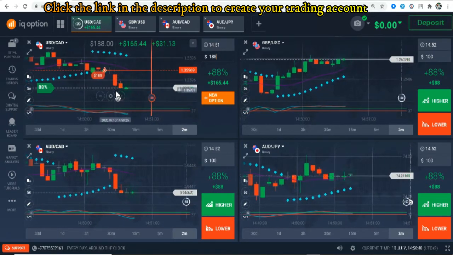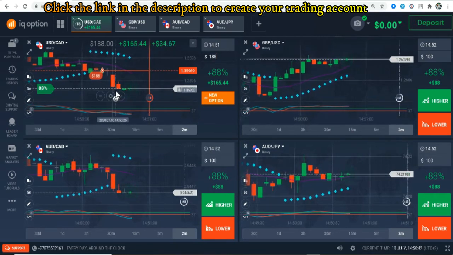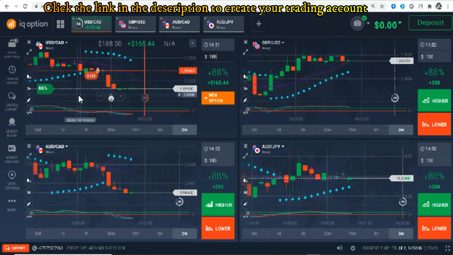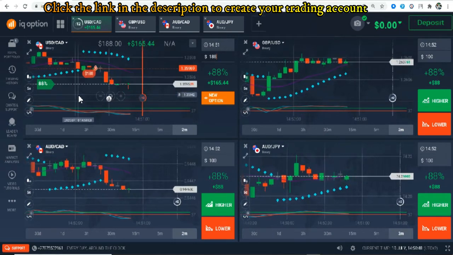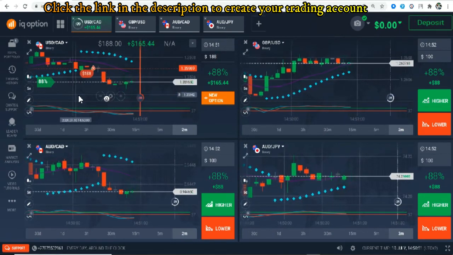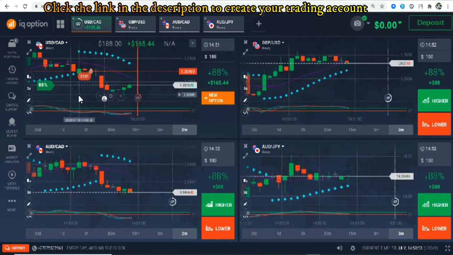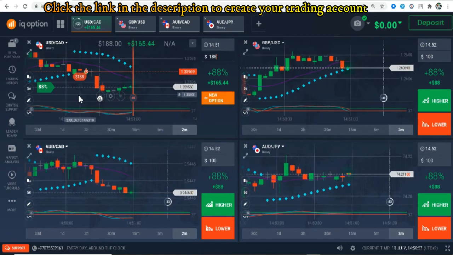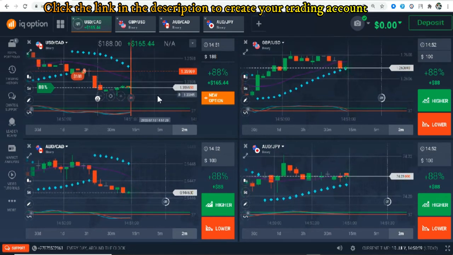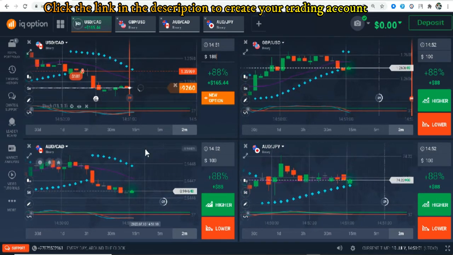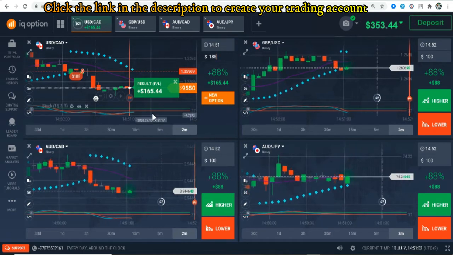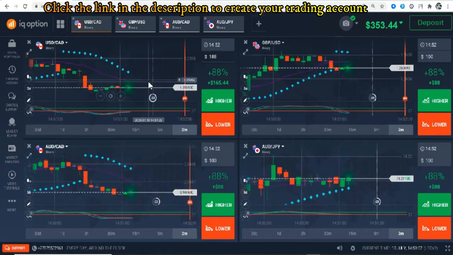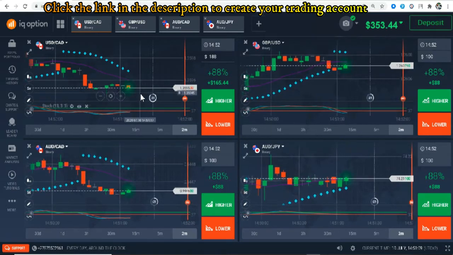That means our trade lasts for a short period of time, which is that red vertical line. So we're expecting the price to be below our entry point as it reaches that red vertical line, like right here, because we've sold. All right, and wow, we've made another 166 from the 188.